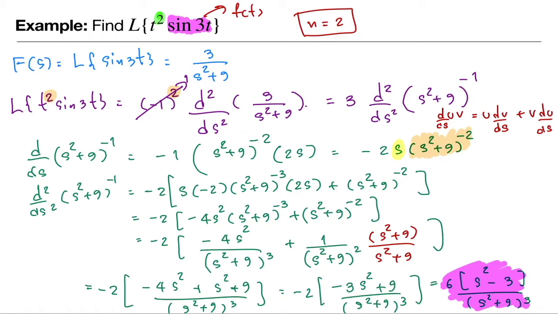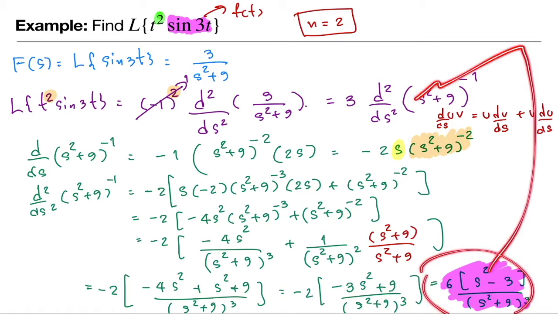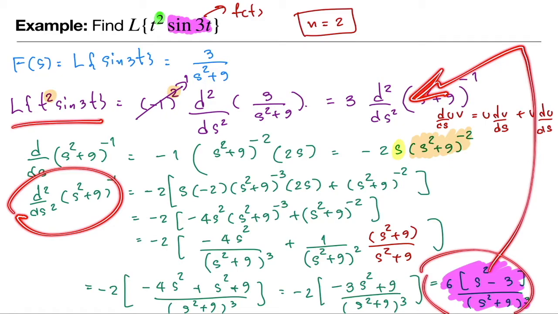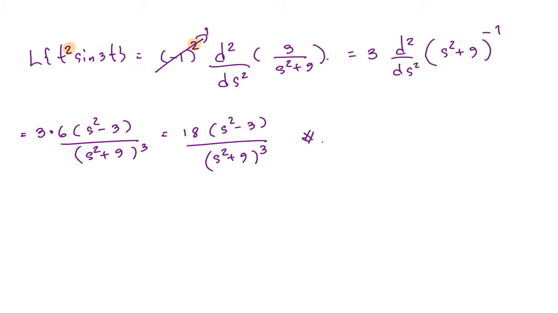After that, we just substitute this back in there, because here is the second derivative, isn't it? So the Laplace transform of t squared sine 3t would be 3 times this, which is 18 times s squared minus 3 divided by s squared plus 9 cubed. And that's it.